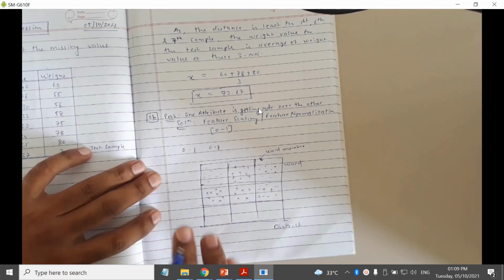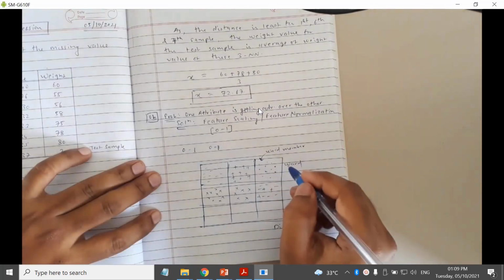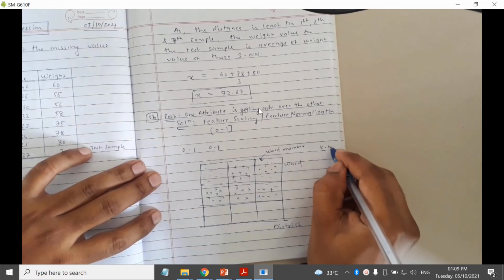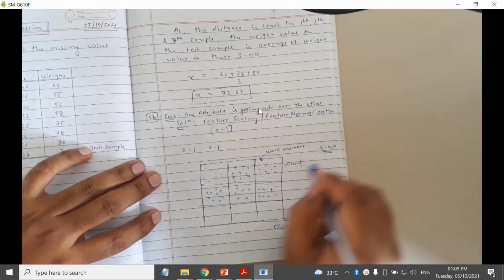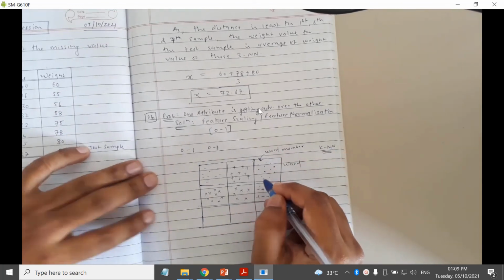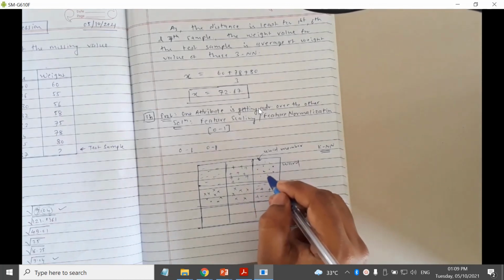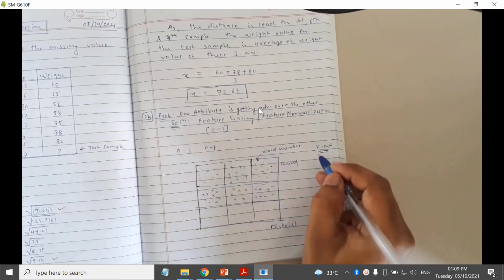This example is explaining the importance of KNN. Sometimes the pattern in the neighborhood will be important for predicting that particular value. So this is one point.